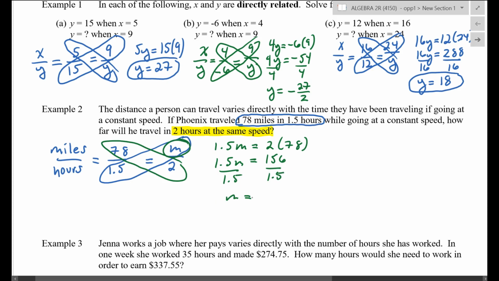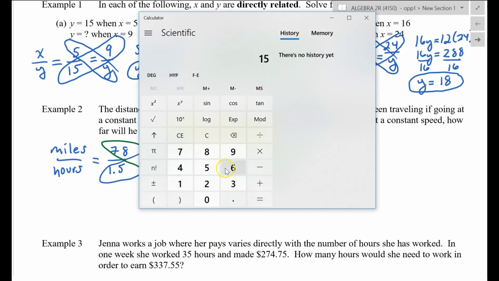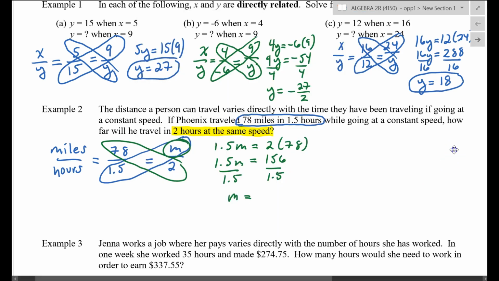And so the number of miles that Phoenix will travel, what's 156 divided by 1.5? 104? Any issues with that? Cool.